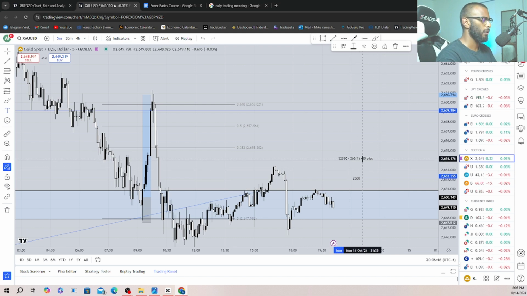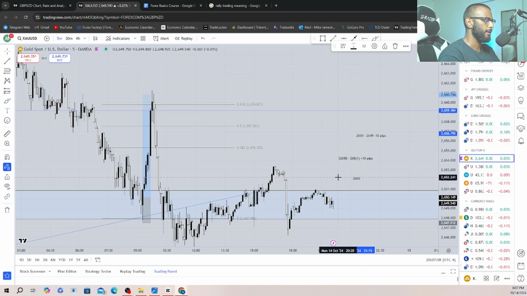As you can see, 51, 52, 53, 54, 55, 56, 57, 58, 59, 60, 26.60. So then the number changes, so on and so forth. Same thing when it goes down from 26.50 down to 26.49, that would be minus 10 pips.